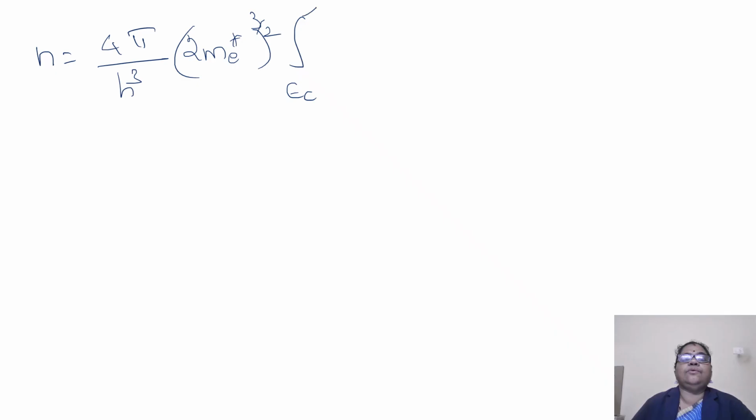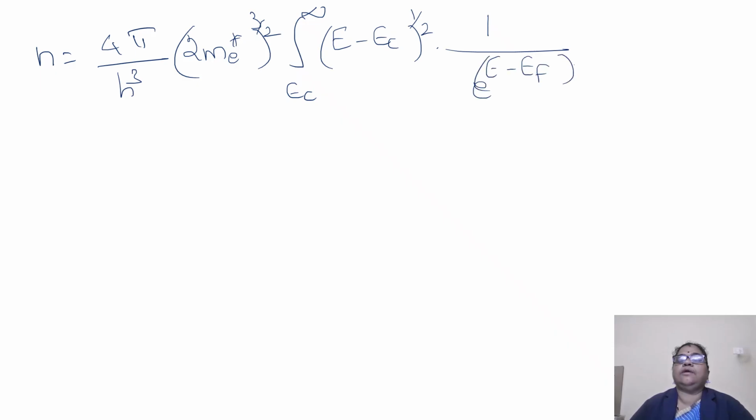So we can write n equal to 4π by h³, multiplied by (2mn*) to the power 3/2, times the integral from Ec to infinity of (E minus Ec) to the power half, multiplied by 1 divided by e to the power (E minus EF) by kT.